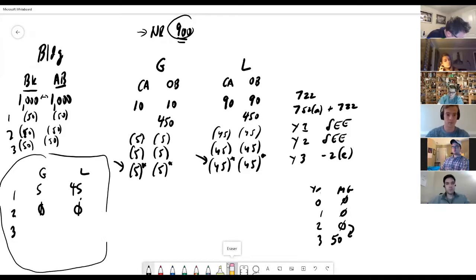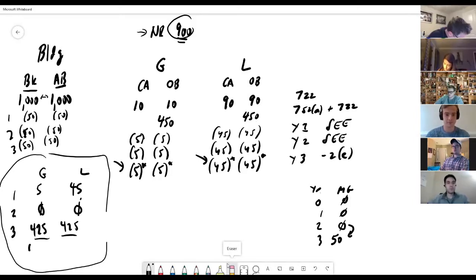Now when we get to tier 3, we've allocated 50 of the debt here, so we only have 850 left. So the 850 is split 50%, 50%, so that's 425, 425.